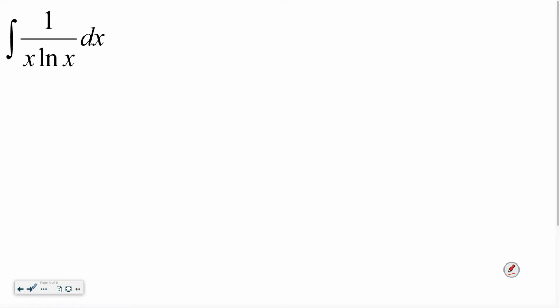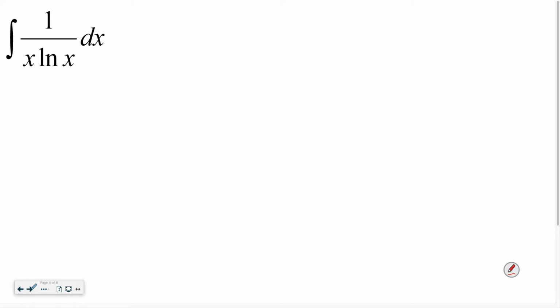All right, Ellie-Ann, what did you notice? Okay, the derivative of the natural log of x is 1 over x. Do you see 1 over x in there? Yeah.